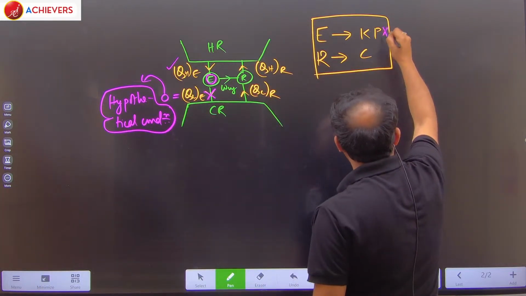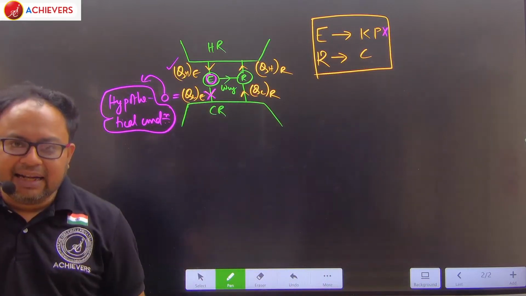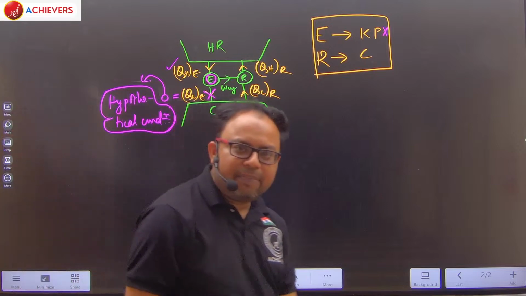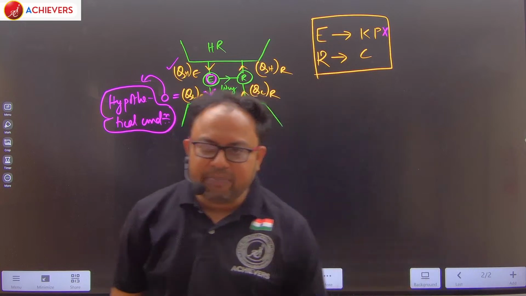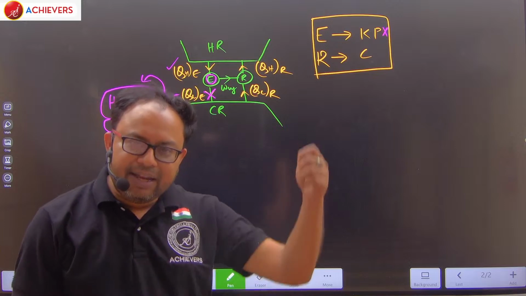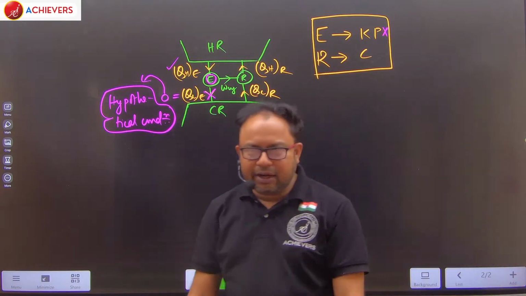E is violating the Kelvin Planck statement. Because according to the Kelvin Planck statement, if any heat is withdrawn from the hot reservoir, then it cannot be entirely converted into work.